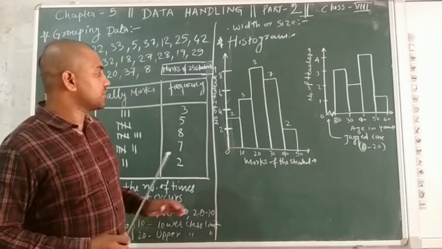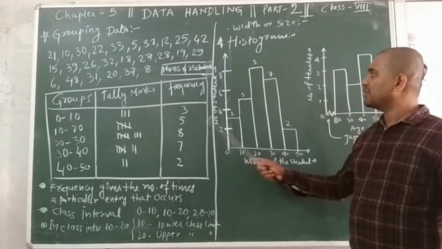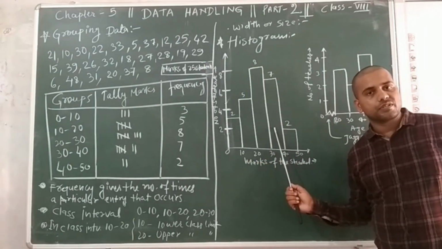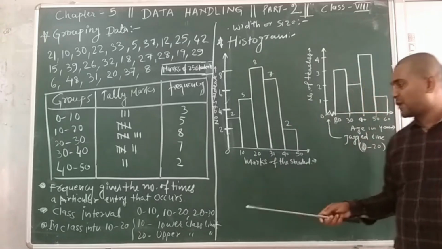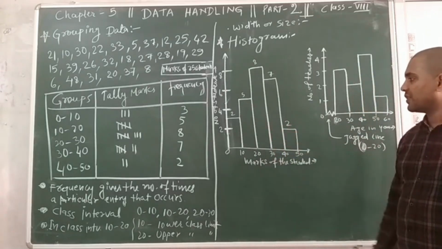For the same table, you can see here, this histogram has been drawn. You can see marks of the students and number of students.